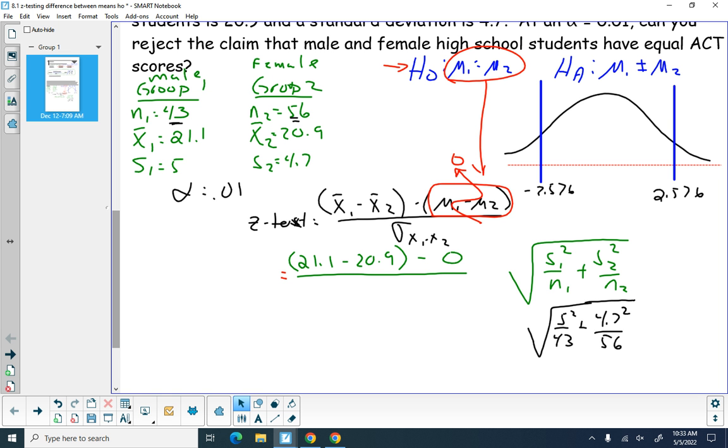What you're able to do is type that straight into your calculator.